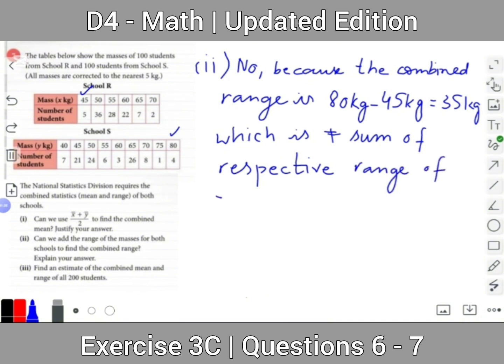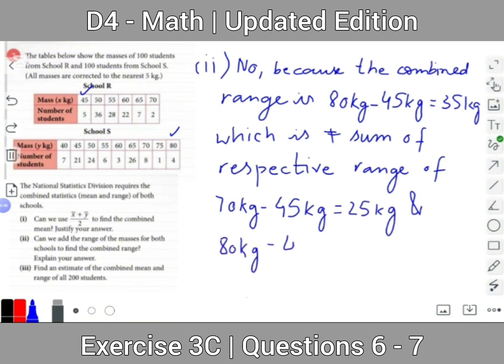For school R, 70 kg minus 45 kg is equals to 25 kg, and for school S, 80 kg minus 40 kg, and it will be equals to 40 kg.